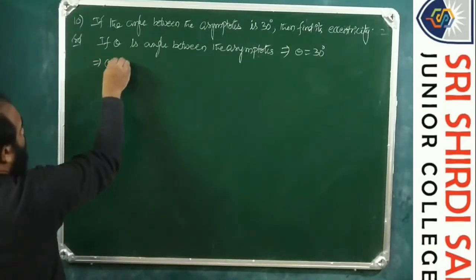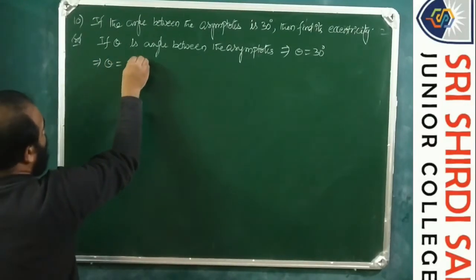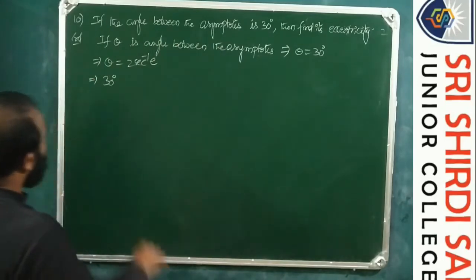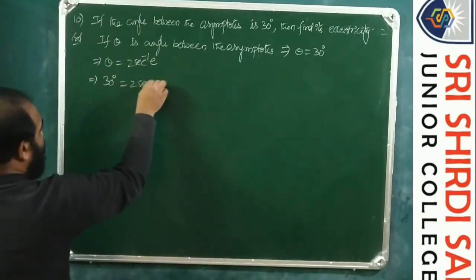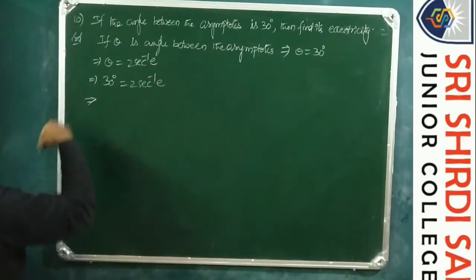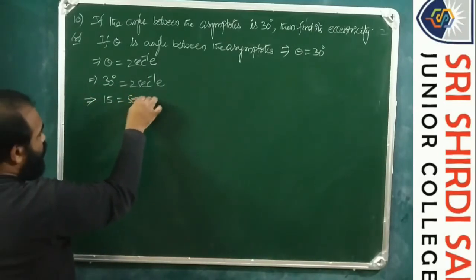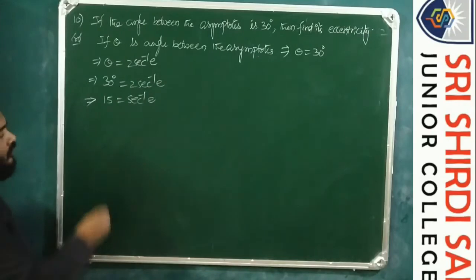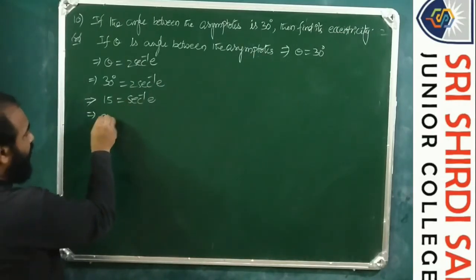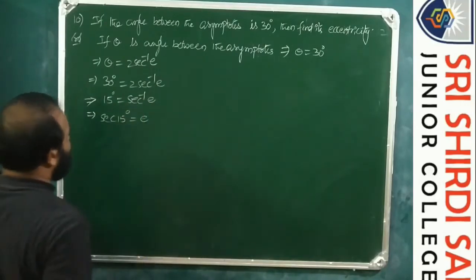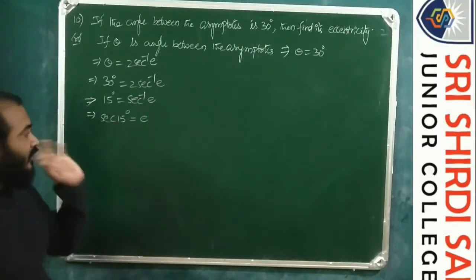Then we know that θ = 2 sec⁻¹ e. 30° = 2 sec⁻¹ e. 30° by 2 is 15° = sec⁻¹ e. So sec 15° = e. So we need to find out this value e.